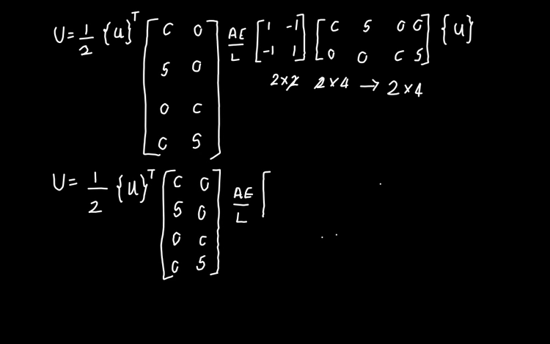What is the first row into the first column? 1 into C minus 1 into 0, it's C. First row into second column, 1 into S, the next term will be 0.